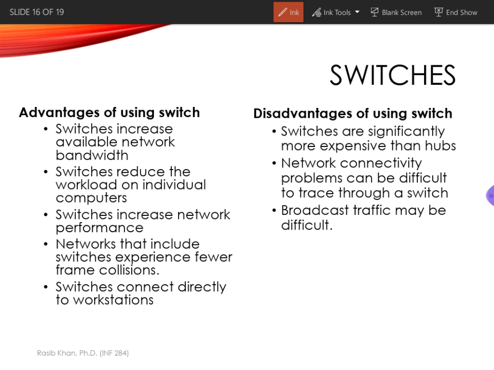So the advantages of using a switch is that it increases the available network bandwidth by reducing broadcast messages, broadcast data, which results in reducing the overload on individual computers, because whenever data is being broadcasted on the network, all of the computers which are connected to the network would receive that data.